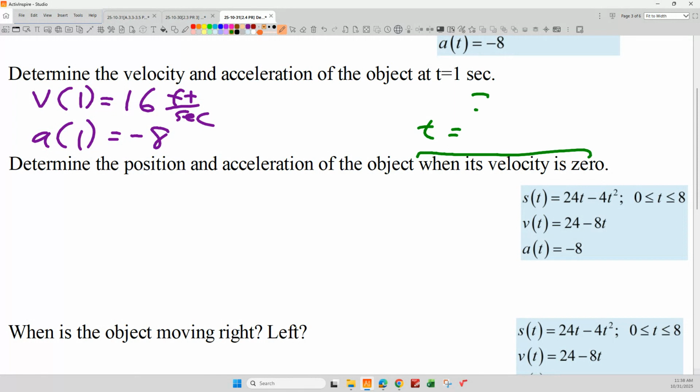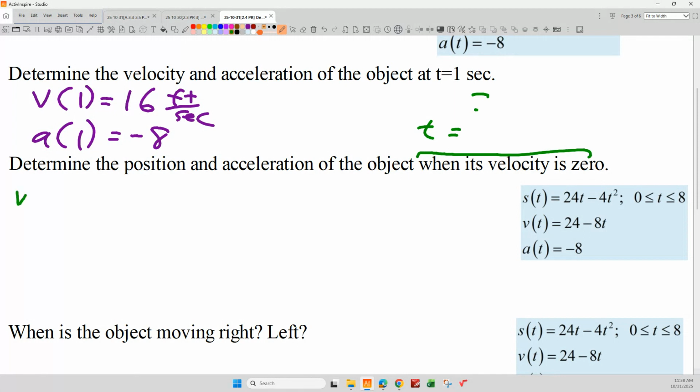We need to know what frame is that in our video. Okay, which equation are we going to use to determine when the velocity equals 0? The velocity equation, because that's the equation that links velocity to time, right? And all we'd have to do is just set that equal to 0.